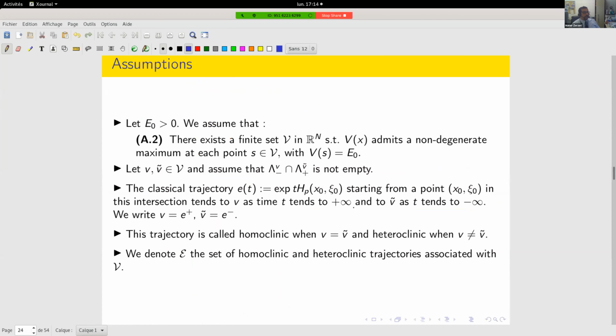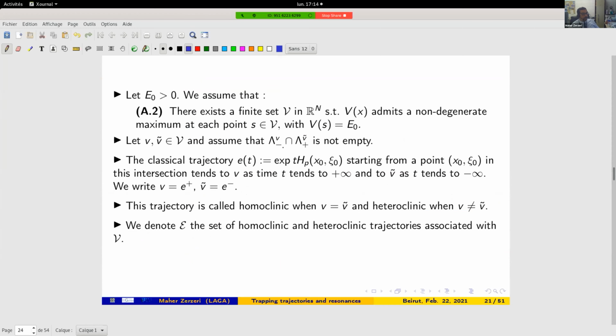Here we assume that we have some finite set of vertices, and some edges between vertices, and that when we go from one vertex to the other, it's not empty.